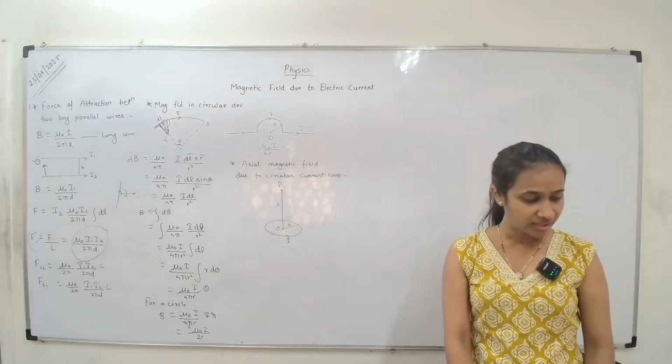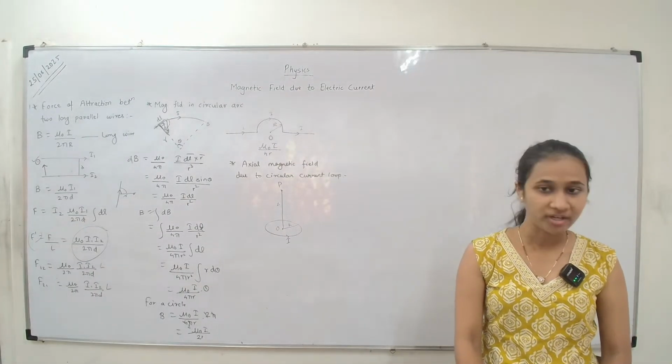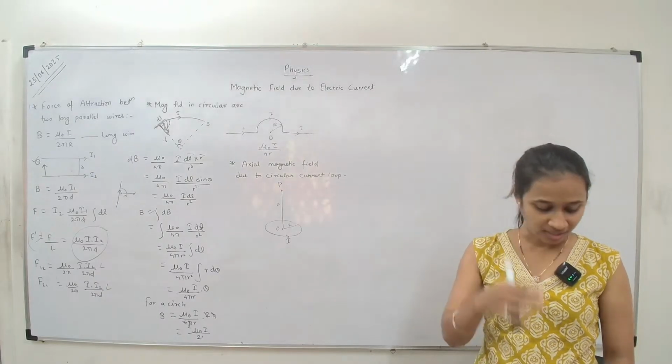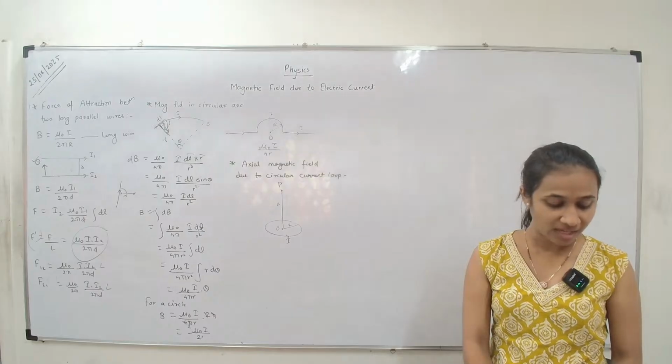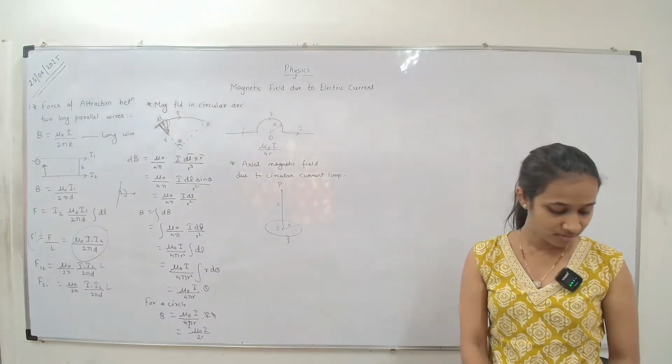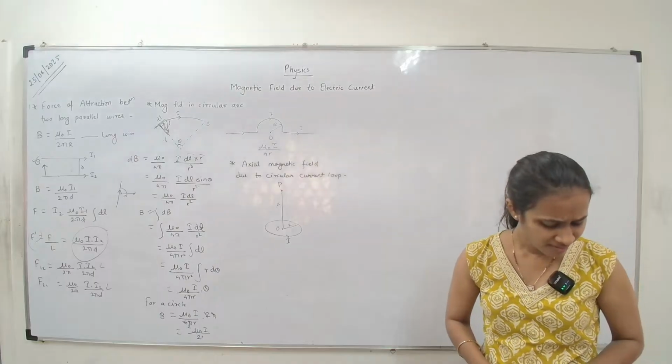We need to calculate the magnetic field at a point P, and the point is on Z axis, that is vertical.